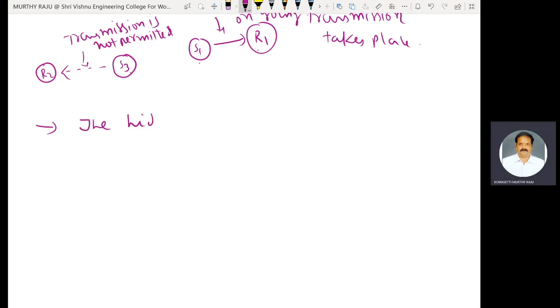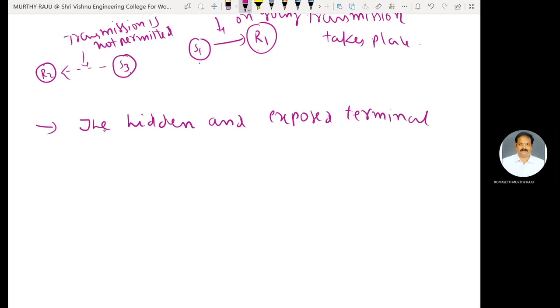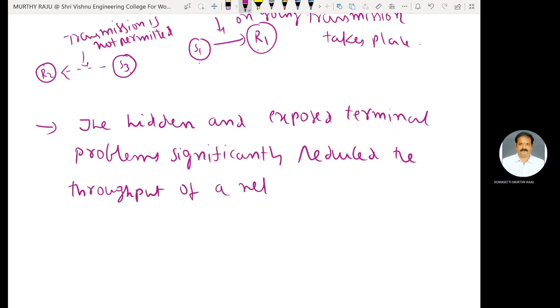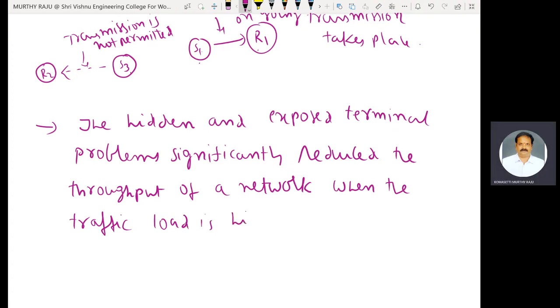Disadvantages. The hidden and exposed terminal problems significantly reduce the throughput of a network when the traffic load is very high.